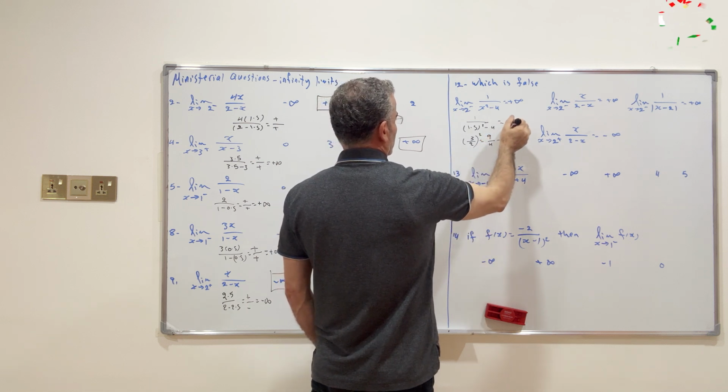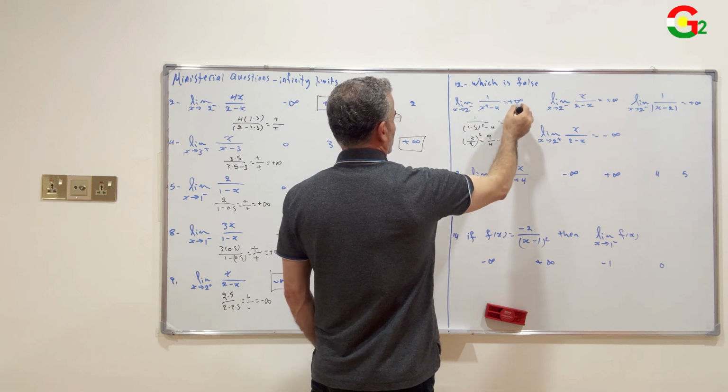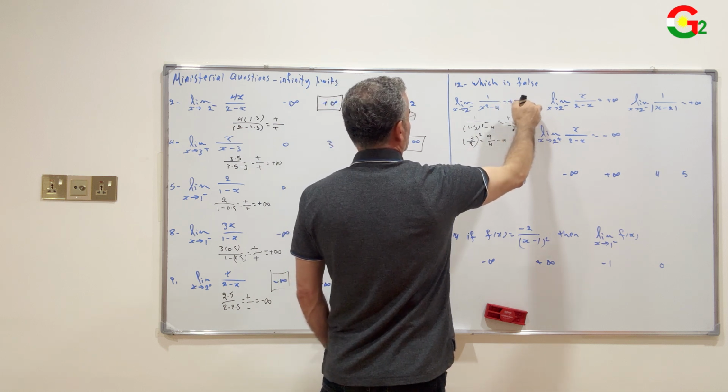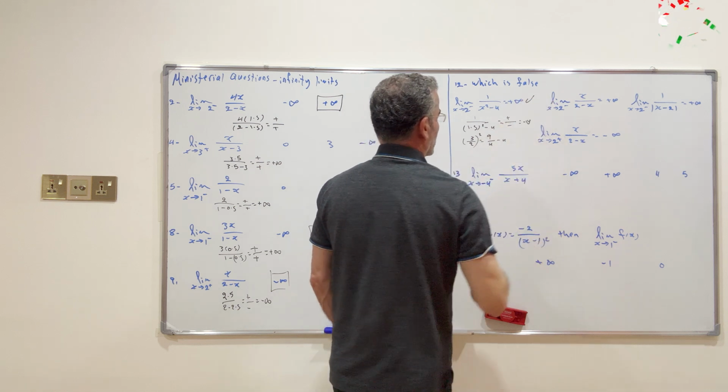It is a negative value. Positive over negative equals negative infinity. This choice is false. So this is the right choice.